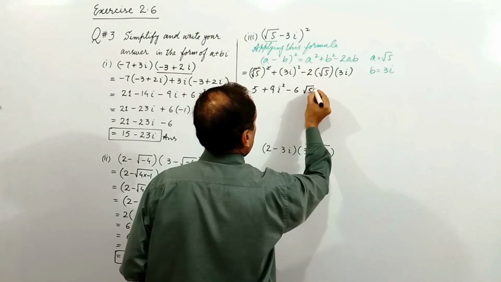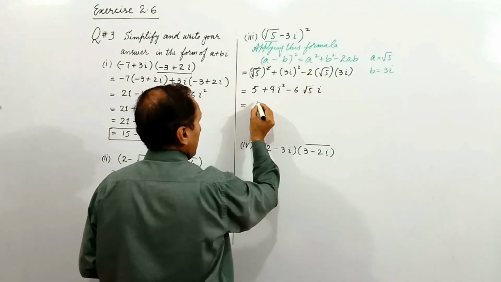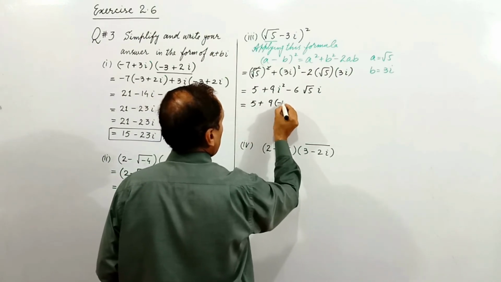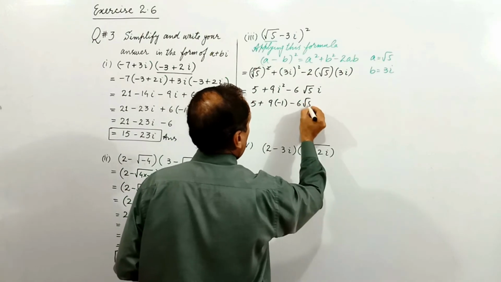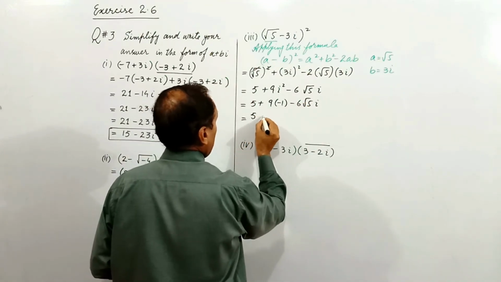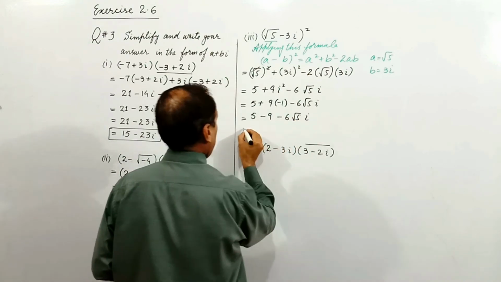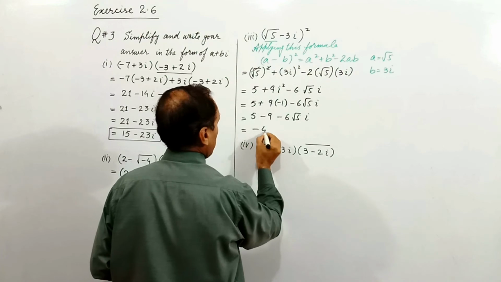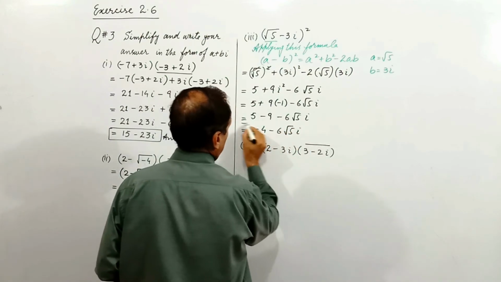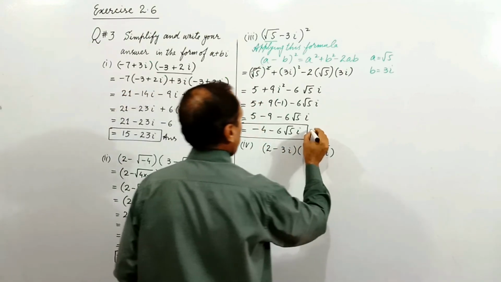Under root 5, the irrational number, is separated. Iota is written separately. 5 plus 9 iota square, which is minus 1, minus 6 under root 5 iota. 5 minus 9 minus 6 under root 5 iota, and finally we get minus 4 minus 6 under root 5 iota. That is the simplified form of part 3 in standard form of a complex number.